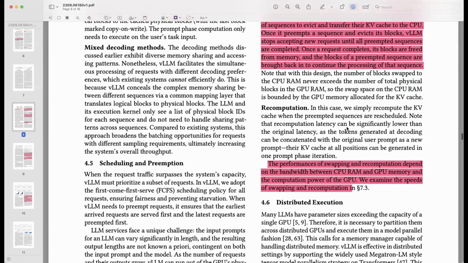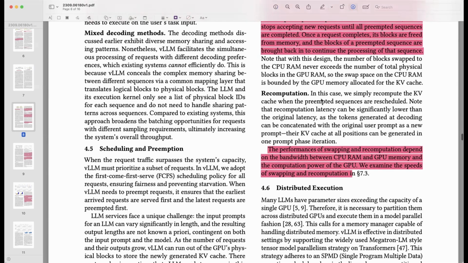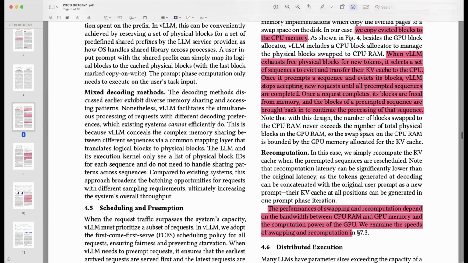The other part, which was the other option, instead of offloading it to CPU, is recomputing the entire KV cache again. And it is not as expensive to recompute because, suppose your pre-fill had 10 tokens and your decode had 20 tokens, but you'd only finished doing 10 of them.